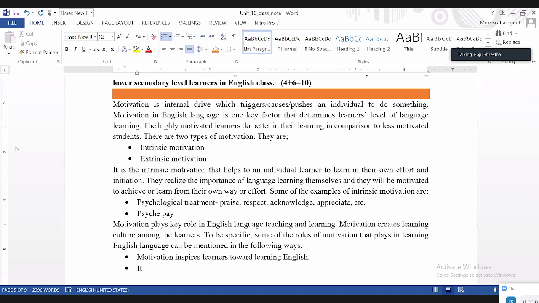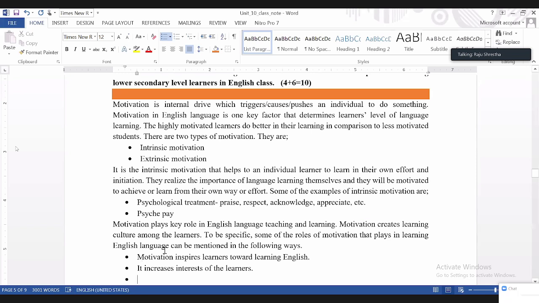It increases the interest of the learners. It inspires learners towards learning English.